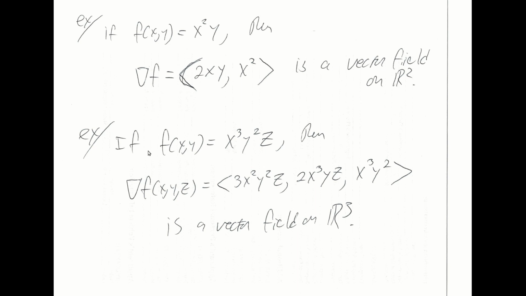That's a typo there, my apologies. But if little f is a function of x, y, z given by x cubed y squared z, then the gradient of little f is going to take this form. Here's my partial of little f with respect to x, with respect to y, and with respect to z. And that is a vector field on R3. It assigns a 3-dimensional vector to every point in 3 space.